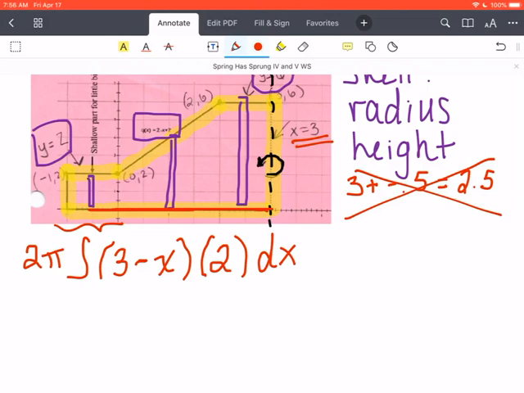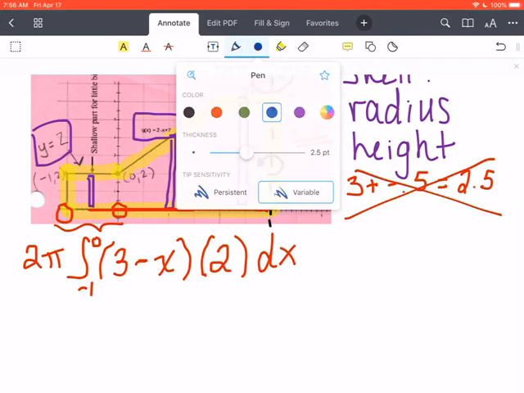And then we think about what region we are zeroing in on. We're zeroing in from -1 to 0. Okay, so that is going to find the volume of when we rotate that first region about the line x equals 3.